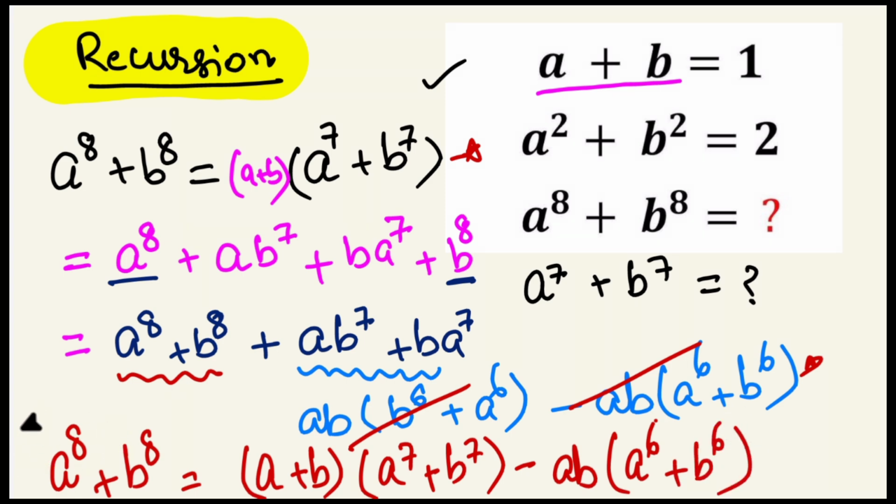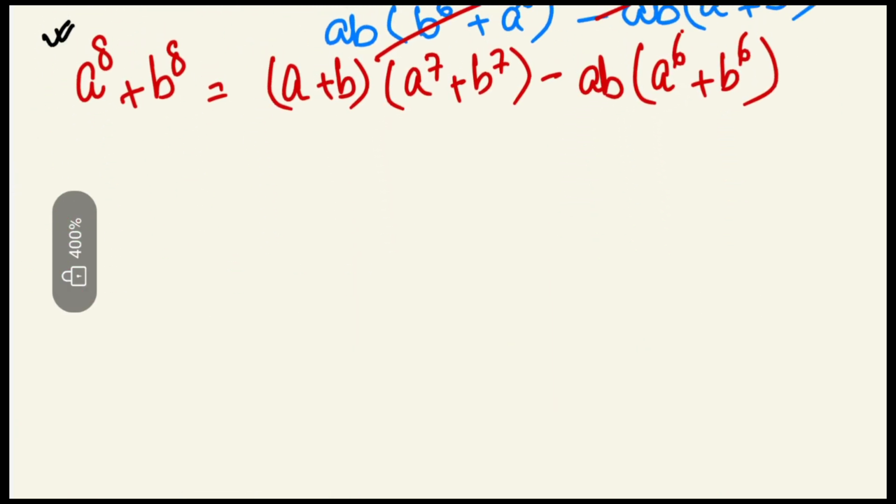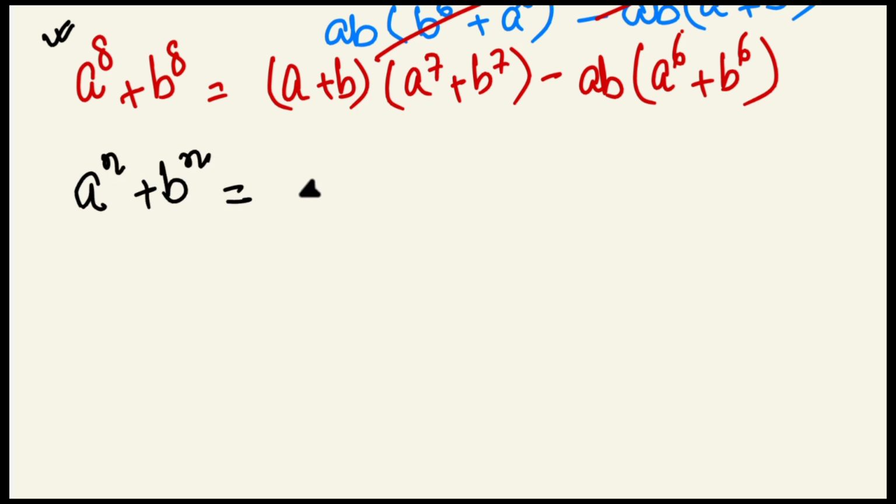Now we have built this recursive relation for a to the power 8 plus b to the power 8, but we can generalize this for any general term, a to the power n plus b to the power n. So likewise, for a to the power n plus b to the power n, the relationship will look something like this.